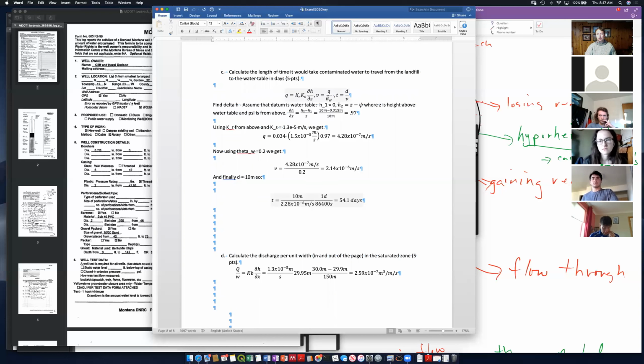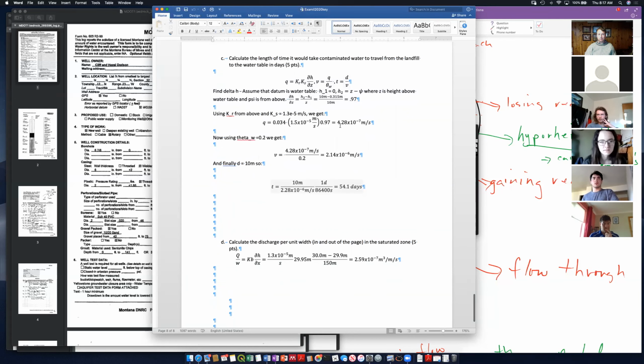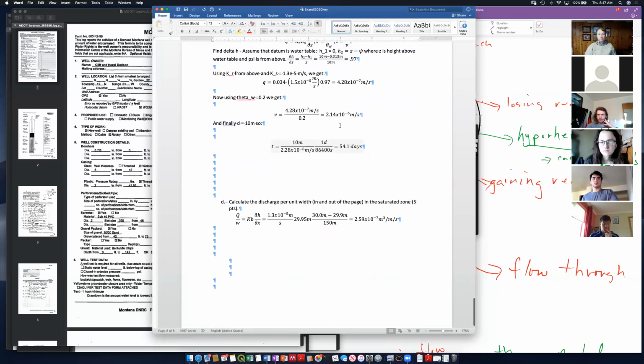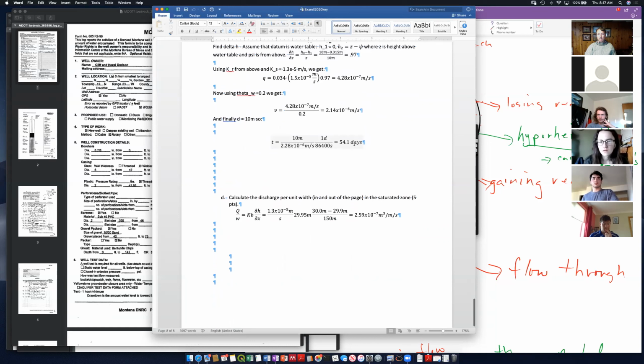I didn't take a lot of points off, but this is a thing in the unsaturated zone: for the velocity you divide by the volumetric water content, not the porosity. And then our classic, the travel time is equal to the distance divided by the velocity. When you do that, you ought to get a travel time on the order of 50 days.